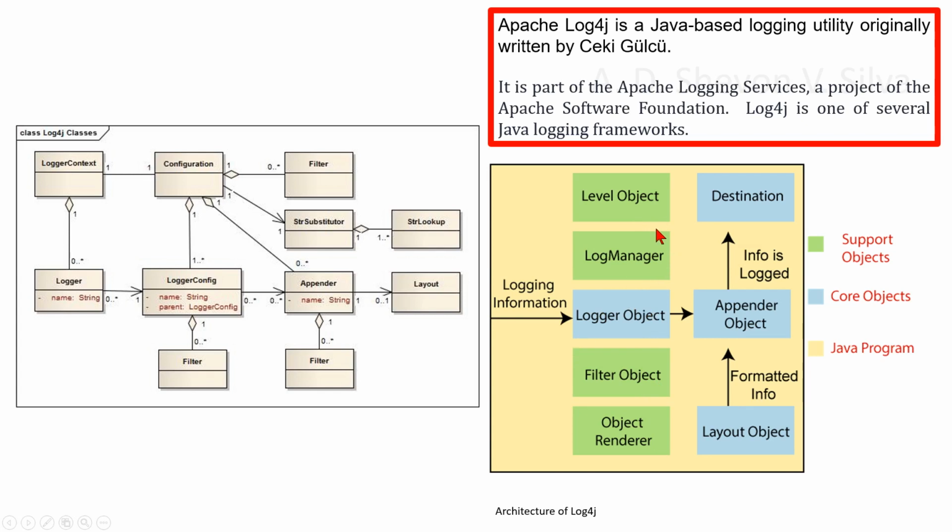Level object: this object defines the granularity and priority of any logging information. There are 7 levels of logging defined within the API: off, debug, error, info, fatal, and all.